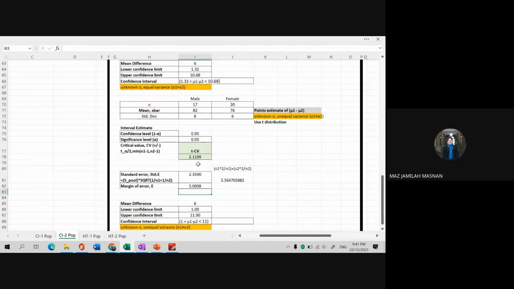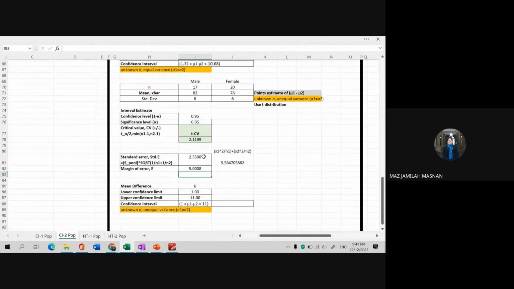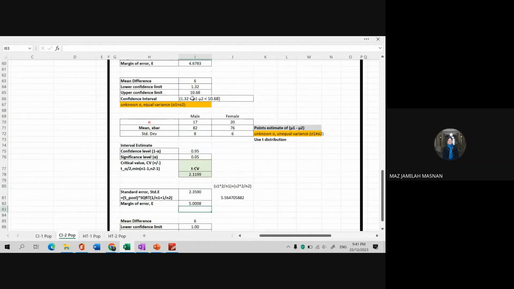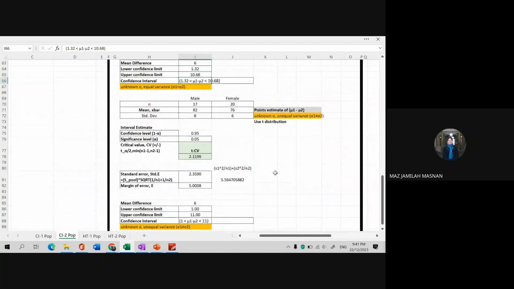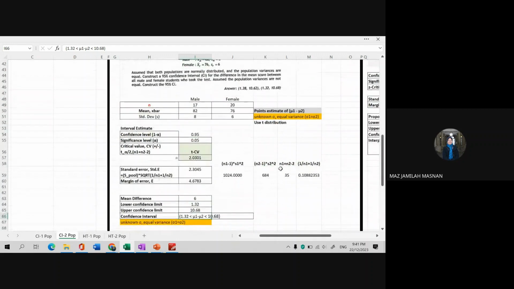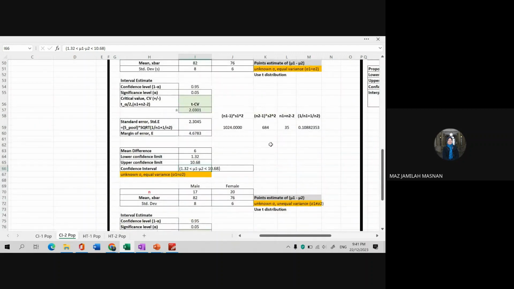If you are using the T, you can compare that the range of the CI will be a bit smaller for the T distribution. So this is my final answer for the confidence interval for unequal variances. Class, any question for this second example or exercise?